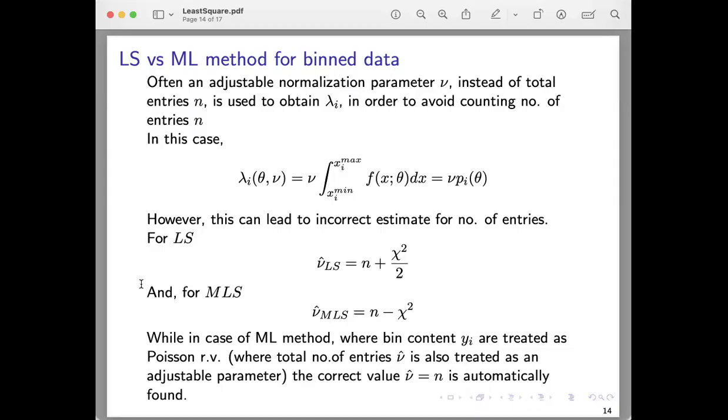But in that case, you will correctly get the estimate of nu to be n. So that is one advantage of using the ML fit method for binned data instead of the least square method. When you try to fit the histogram, it is advantageous to use the maximum likelihood fit instead of the least square fit.